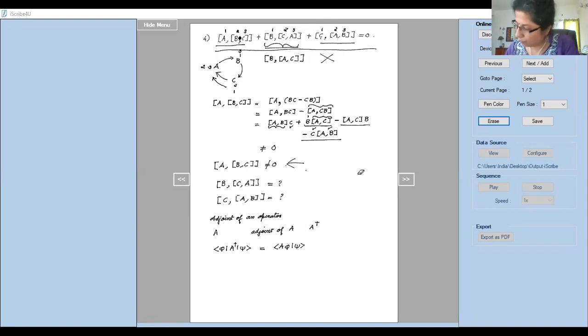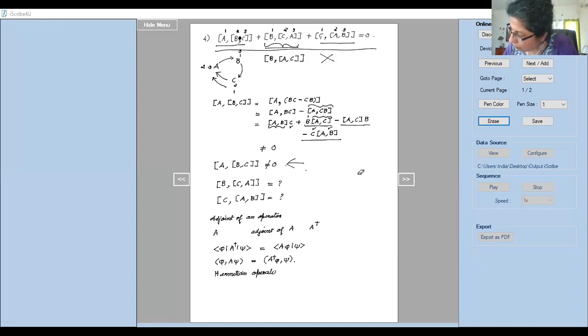So if you remember, essentially if I have phi A psi, this can be written as A dagger phi psi. So this is how you can write it. Now, please remember what you learned for Hermitian operators. What was our definition?